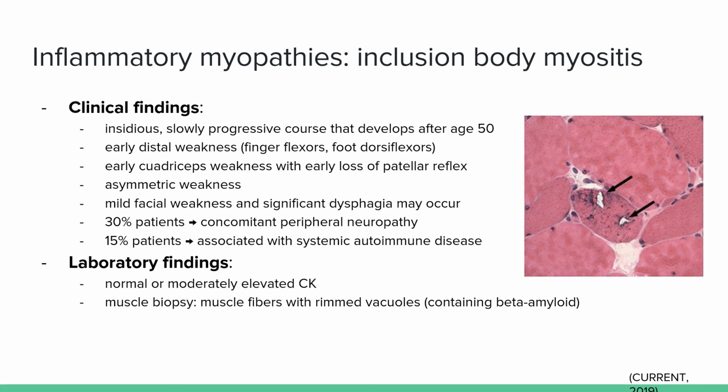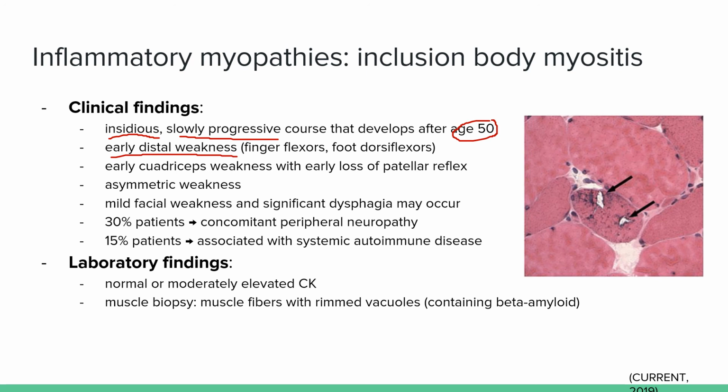Inclusion body myositis has a different clinical course than polymyositis and dermatomyositis. We see an insidious, slowly progressive course that develops after the age of 50. We see an early distal weakness with the finger flexors and foot dorsiflexors most commonly affected.